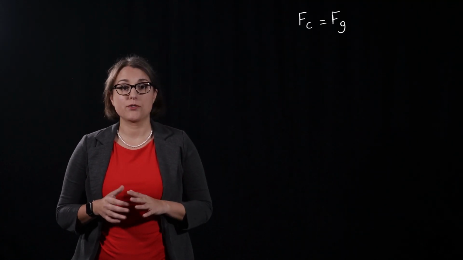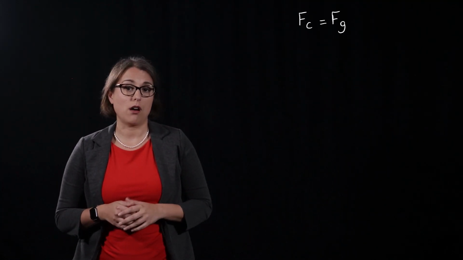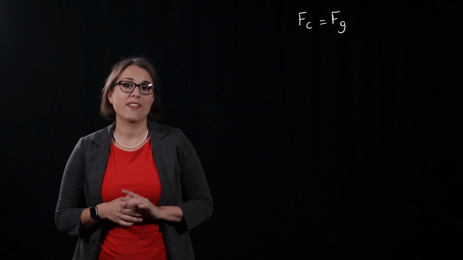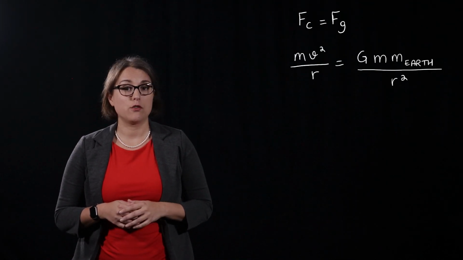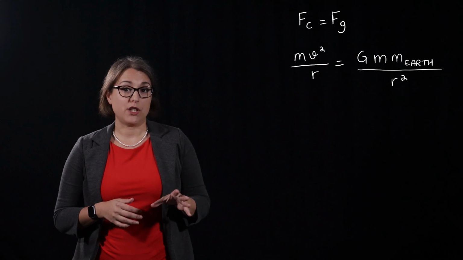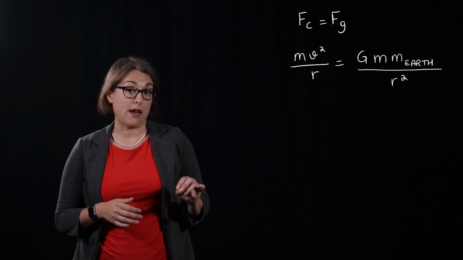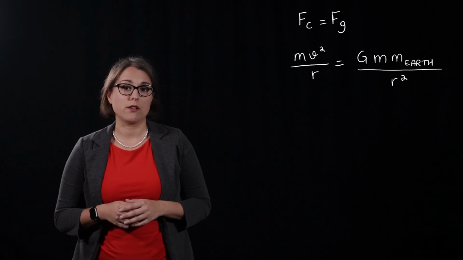We turn to rotational motion to help. The centripetal force of the satellite must be supplied by gravity. Set the centripetal force equation equal to Newton's law of universal gravitation. m times v squared over r equals big G times m Earth divided by r squared.